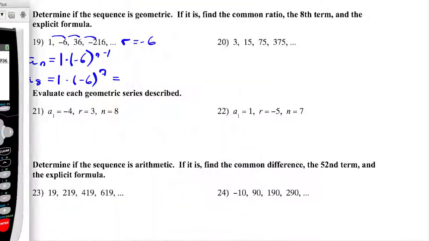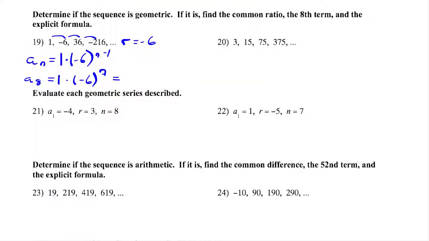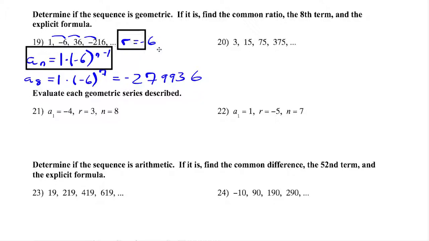So -279936. It asks for the common ratio, the 8th term, and the explicit formula. So that's the answers for all these. So please make sure that you do answer all the questions that it does ask.